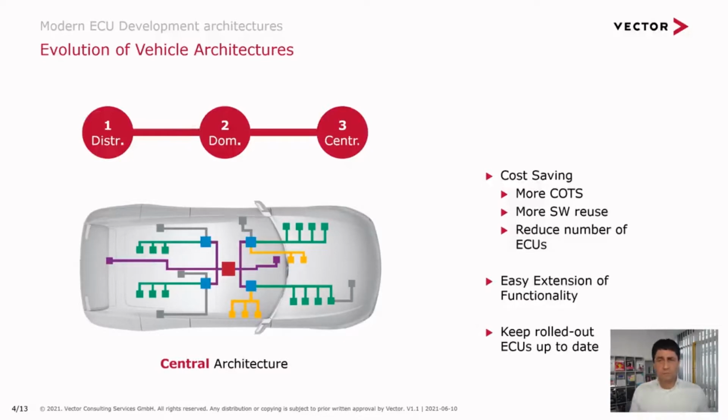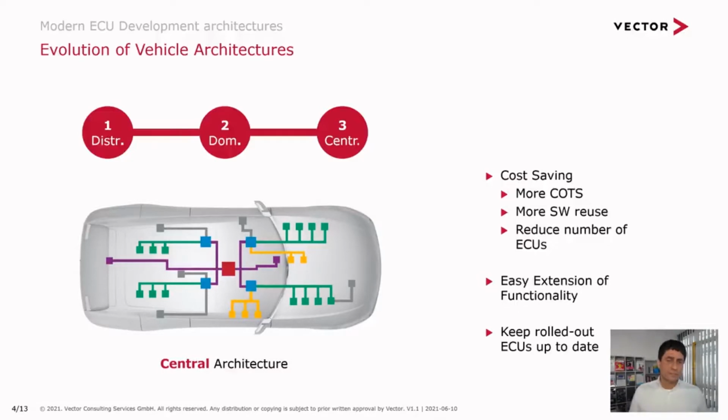This architecture already provides a lot of benefits. We have cost saving because we have a reduced number of ECUs. We have a very high level of software reuse. We can easily extend functionalities, and we can keep rolled-out ECUs in the field up to date because of the reduced dependence on the hardware.